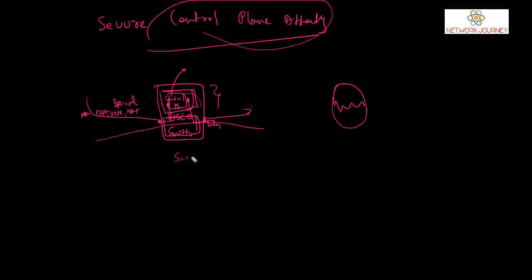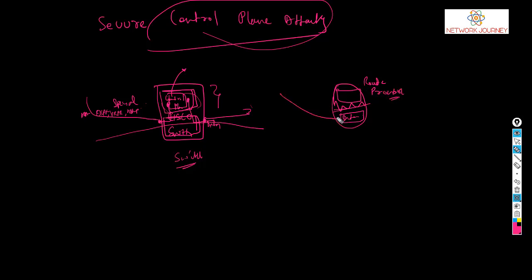This was in the case of a switch. In the case of a router, we have the same data plane, and here we have something called the route processor. The same approach: if special traffic comes in which the data plane cannot handle, it sends it to the route processor, which checks the route lookup and then sends it back.